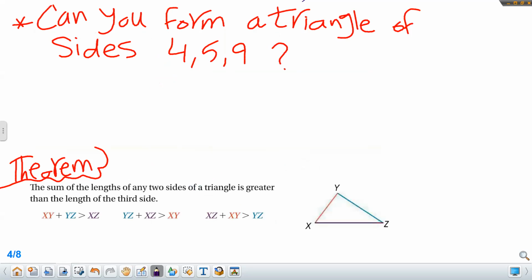But the next idea: can you form a triangle with sides 4, 5, and 9? We need to do it practically.